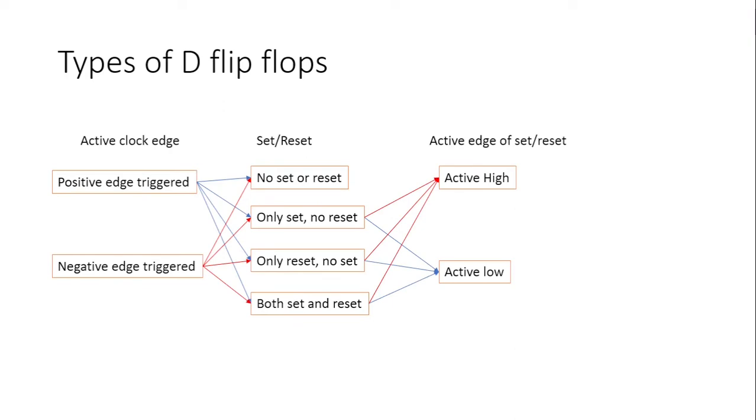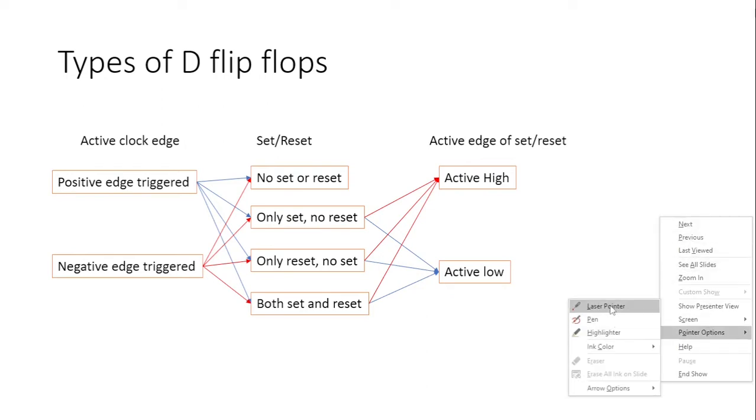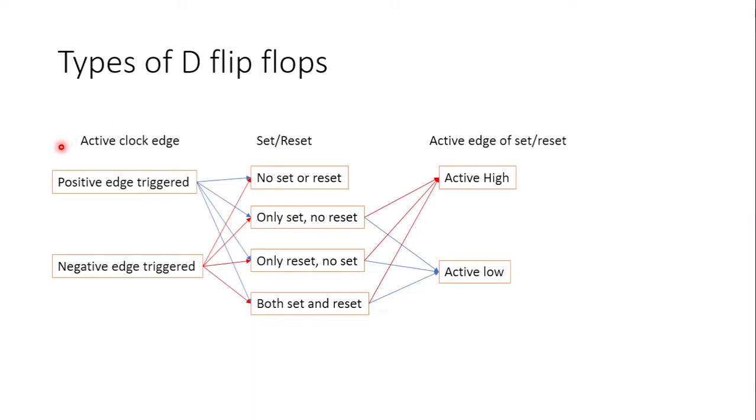So based on these categories, we can have several types of D flip-flop. We have three categories. One is the active edge of clock, like is it a positive edge triggered flop or a negative edge triggered flop. Then we can have set and reset, like is there a set or reset available.